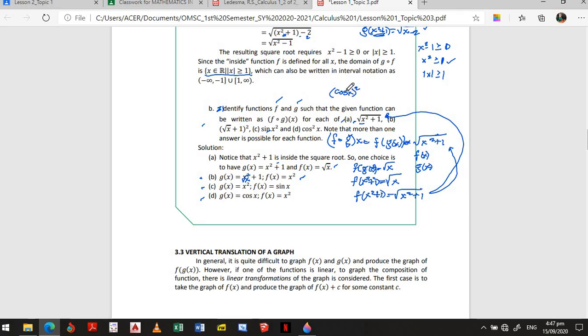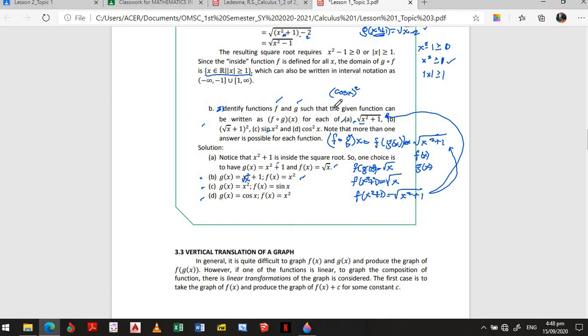Since cosine x is inside the parentheses, we can have this as a function g. So, g of x should be cosine x. Then, f of x is x squared, such that if we replace our x with cosine x, it becomes cosine x squared, or that can also be written as cosine squared x.